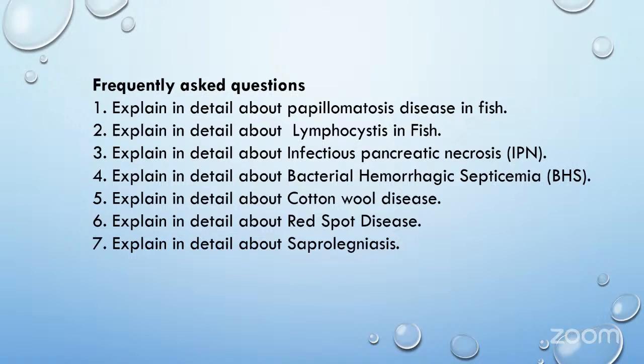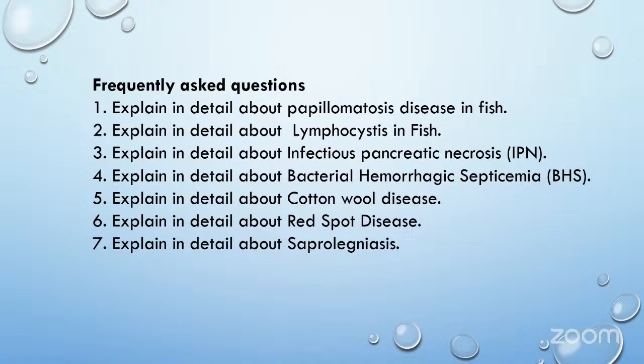Now, these questions are frequently asked, like explain in detail about papillomatosis disease in fish, explain in detail about lymphocystis disease in fish, explain in detail about infectious pancreatic necrosis, or explain in detail about bacterial hemorrhagic septicemia, explain in detail about cotton wool disease, explain in detail about red spot disease, and explain in detail about saprolegniasis.